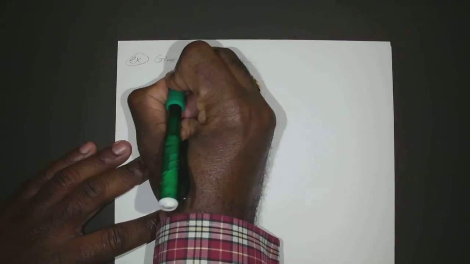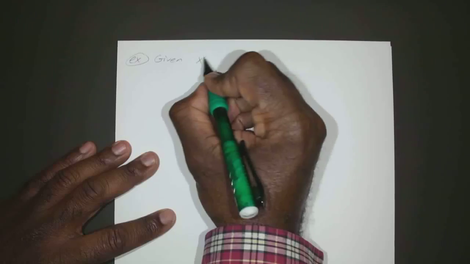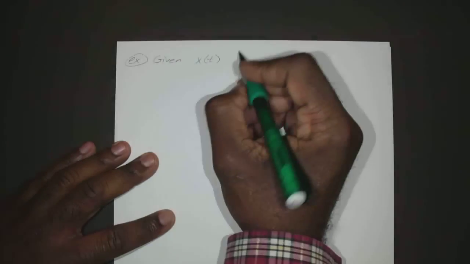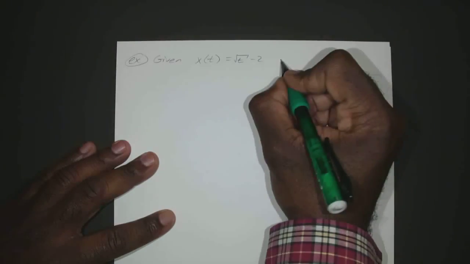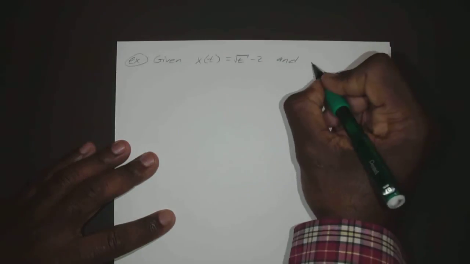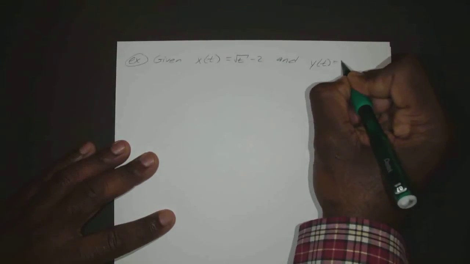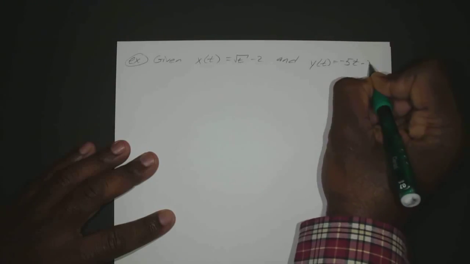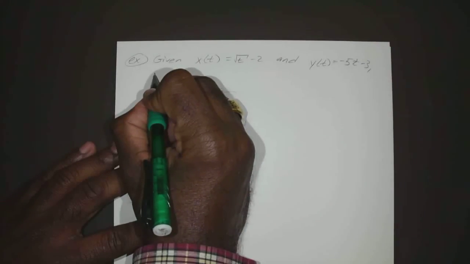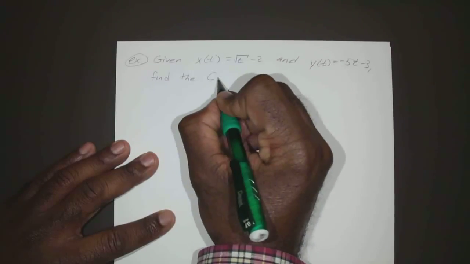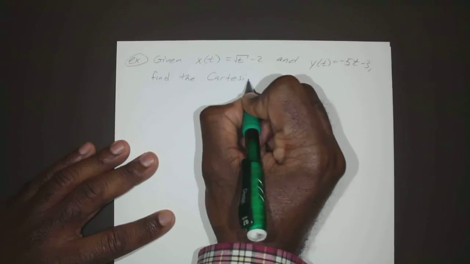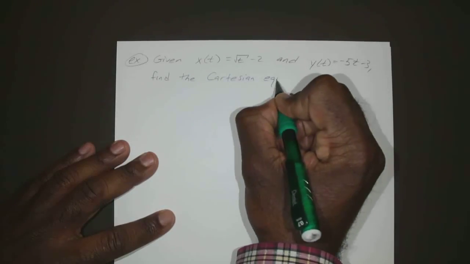Okay, so if we're given the parametric equations x of t is equal to square root of t minus 2, and y of t is equal to negative 5t minus 3, find the Cartesian equation.